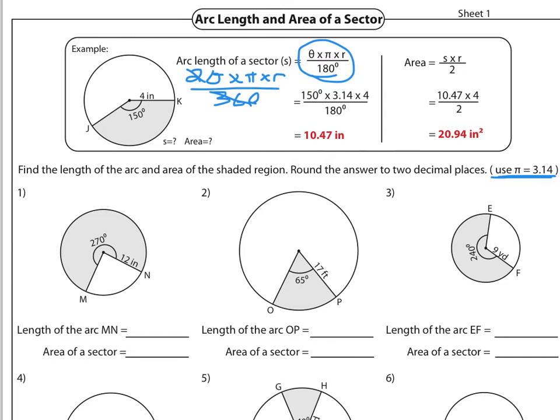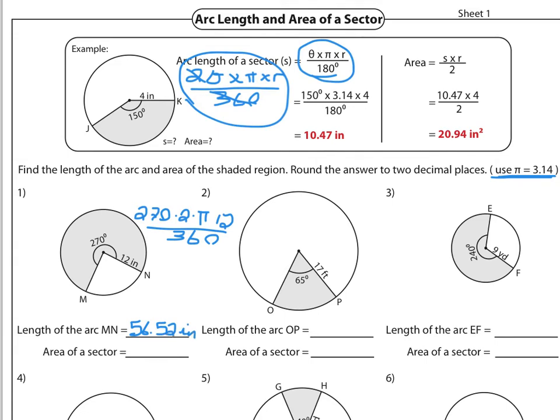All right, so if we set up this first one, the length of the arc of MN, to find our length of our arc, we're going to go our angle, which is 270 times 2 times pi times your radius all over 360. When you plug that all in the calculator, you end up with 56.52 inches.